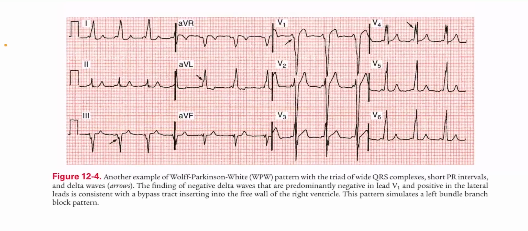Another ECG shows another example of WPW pattern with the triad of wide QRS complex, short PR interval, and delta waves. The delta waves are predominantly negative in V1 and positive in the lateral leads, leads I and aVL. This is consistent with a bypass tract inserting into the free wall of the right ventricle.